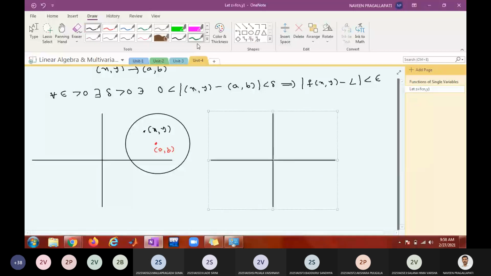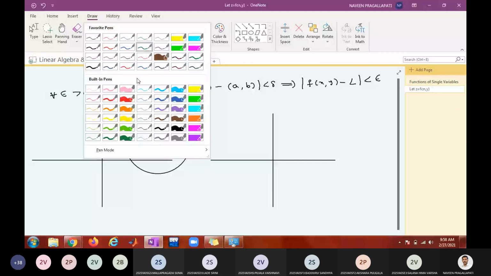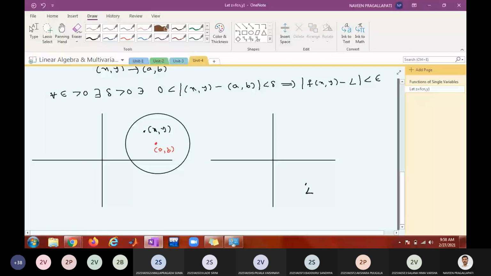So L may be somewhere here. This radius is delta.